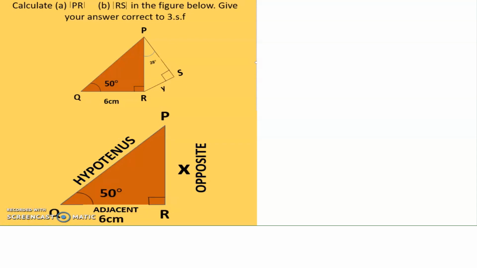In applying the formula Sohcahtoa, I want us to know that since we have known all the three sides, we cannot use the car because there is no opposite here. We are asked to find opposite. Since opposite is not included here, we can't use it.